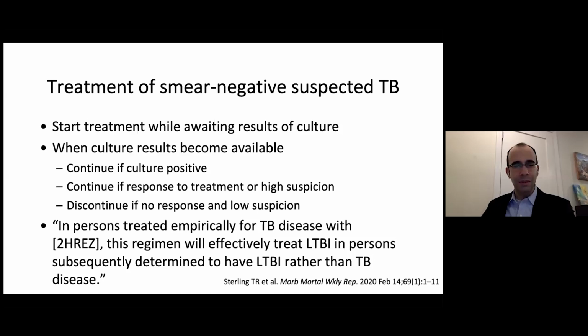And so that's the quote unquote hidden regimen, which is treating latent tuberculosis with an active disease regimen. Again, those are people who were ruled out for TB and ultimately are just thought to have latent TB, but they've managed to receive active disease TB treatment.